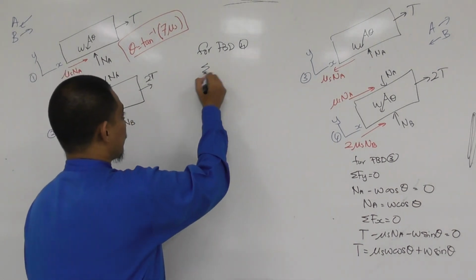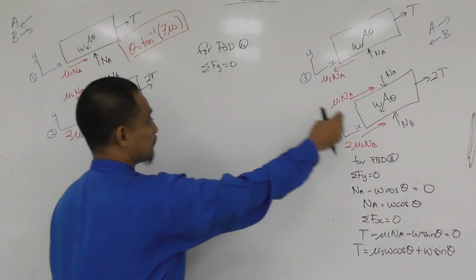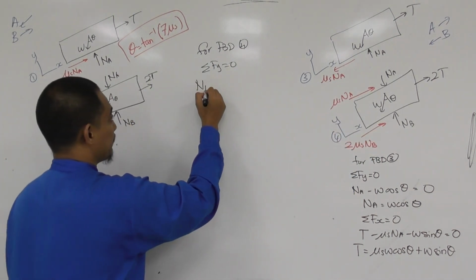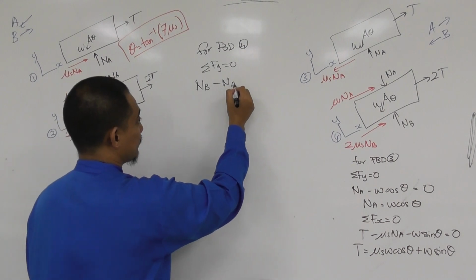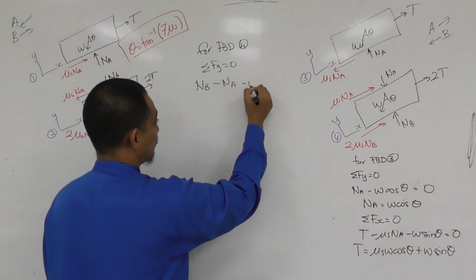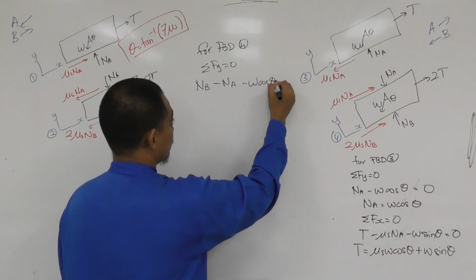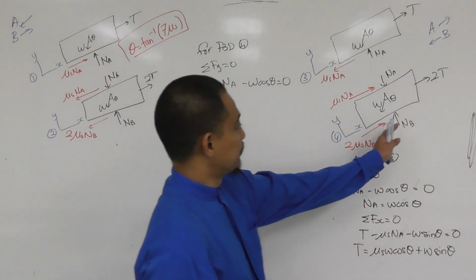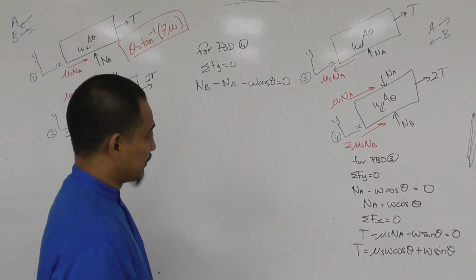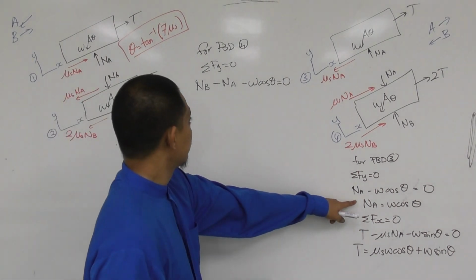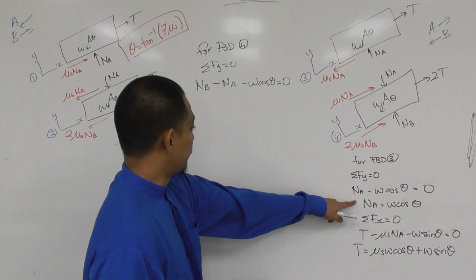So if you do summation of Fy equal to 0 for this one, you'll have NB minus NA minus W cos theta equal to 0, right? This is the y direction. And A is already here, so you can plug in there.